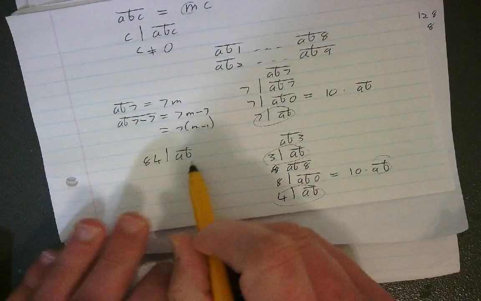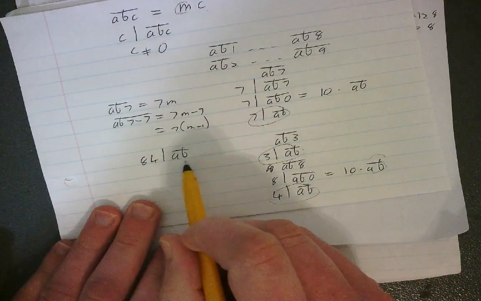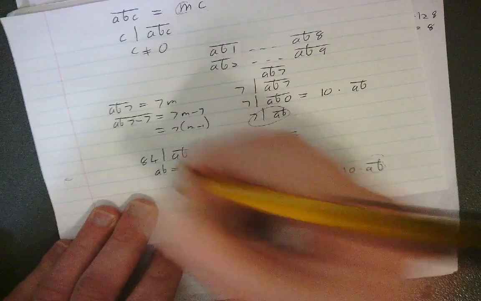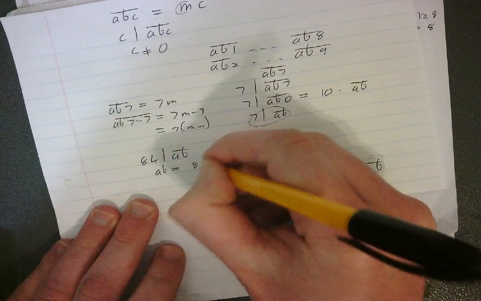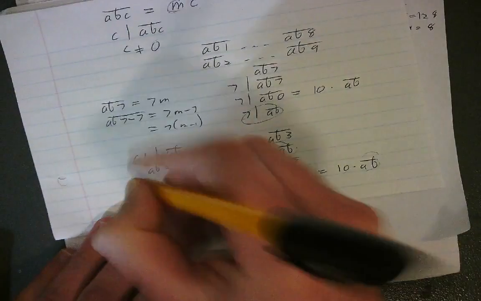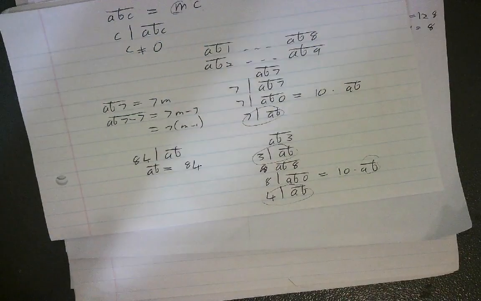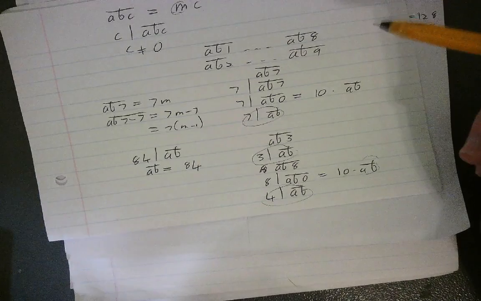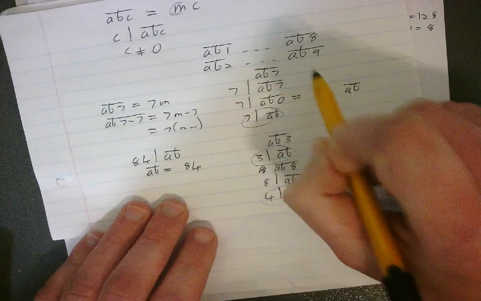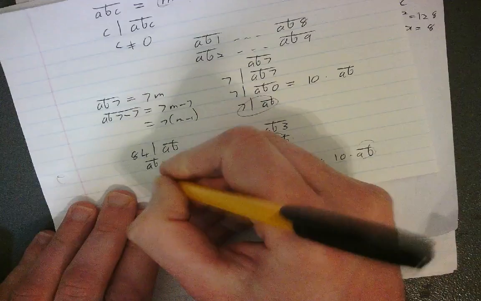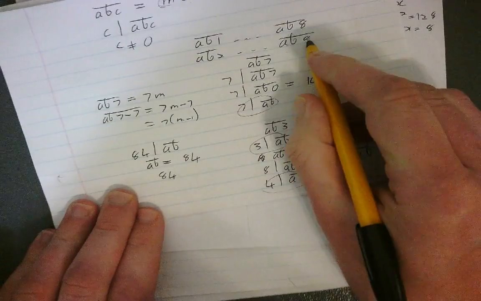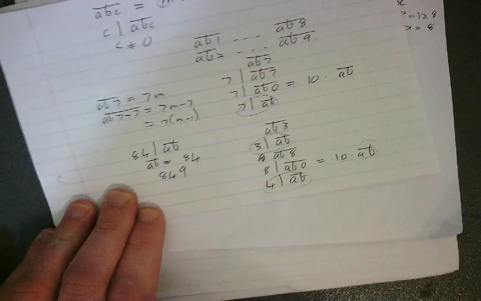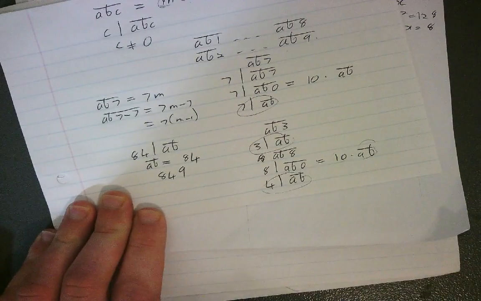So it's a multiple of 84, and the only 2-digit multiple of 84 is 84, so therefore AB is 84. We still haven't figured out which one of these 2 cases apply. What I can do is try the case where the last one is 9 and check, is this a multiple of 9?